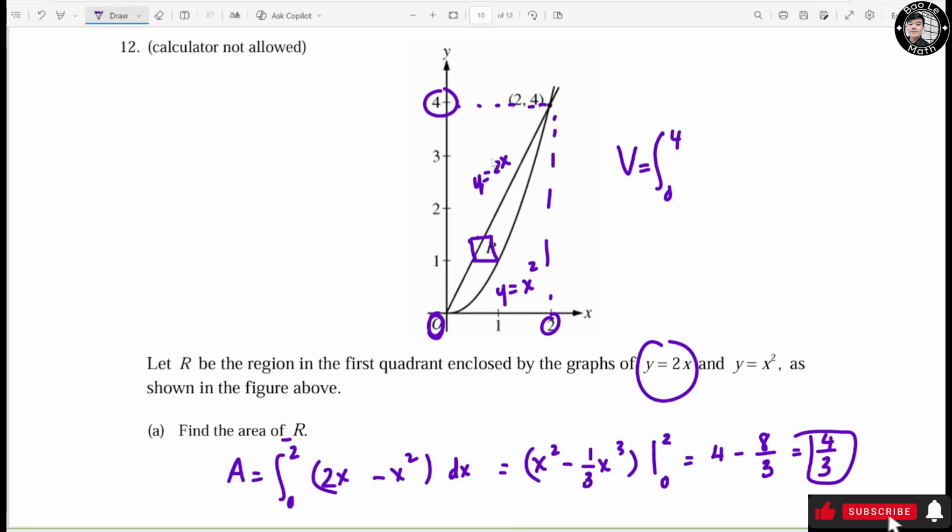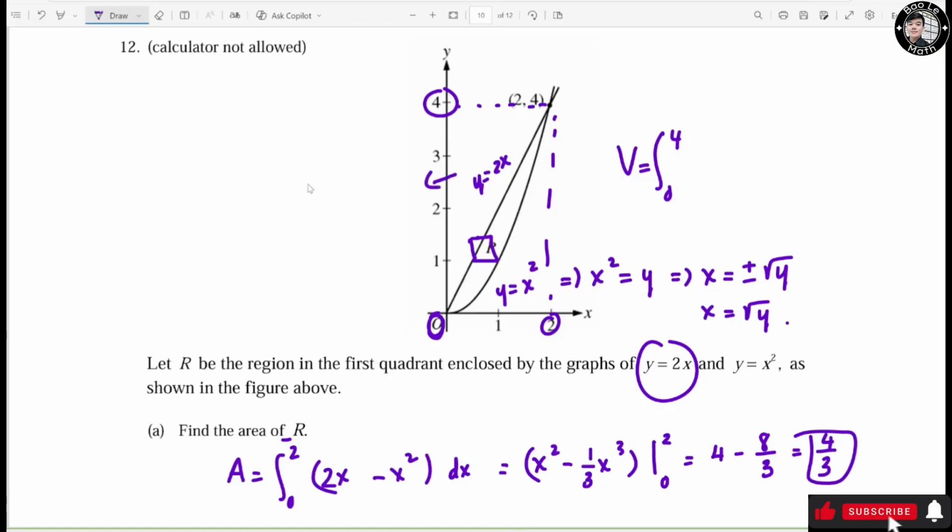Now we need to rewrite the two functions in terms of y. So we have x squared equals y. Take the square root of both sides, so x equals plus or minus square root of y. We're going to pick the positive one because it's in the first quadrant.